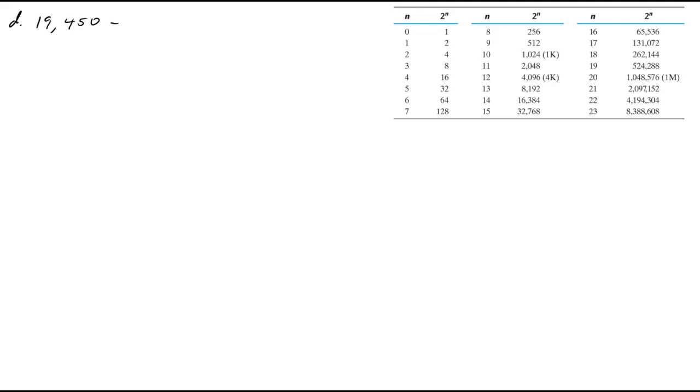Well, looks like the biggest power of 2 we can take out of that is going to be 2 to the 14th. 16,384. 2 to the 14th. That difference is 3,066.